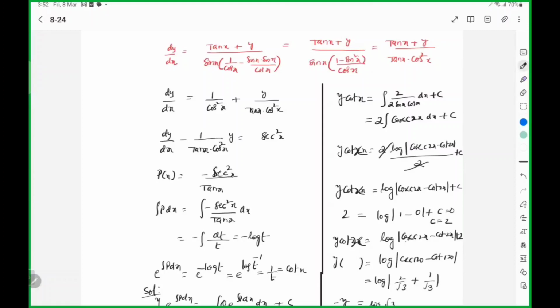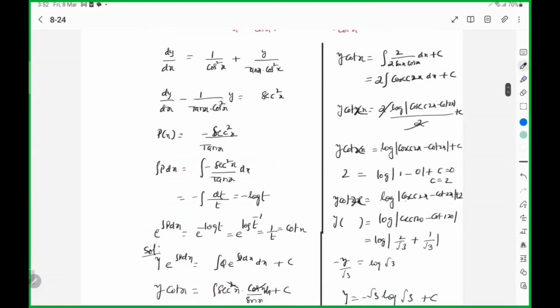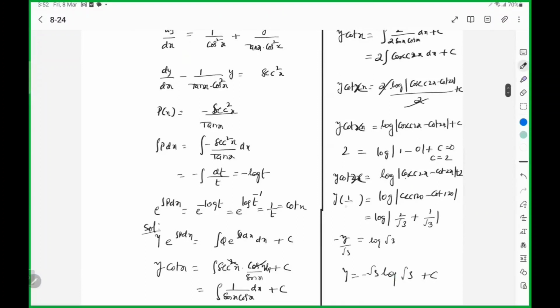X is what he is asking, 60. So log root 3 plus 2. So y will be root 3 into 2 plus log root 3.